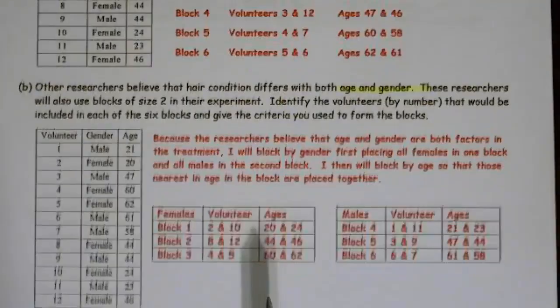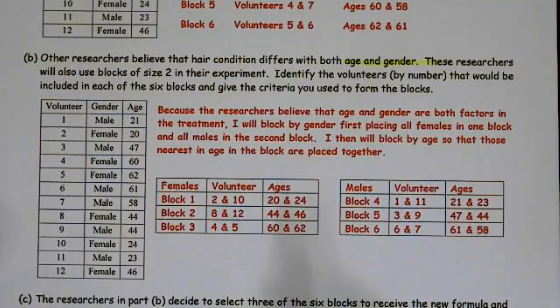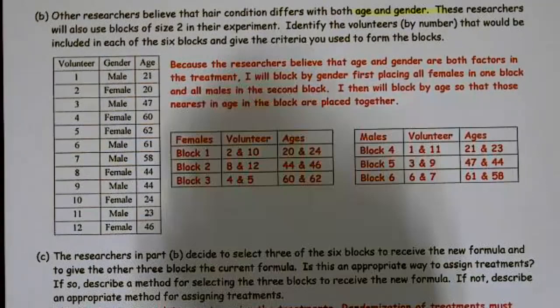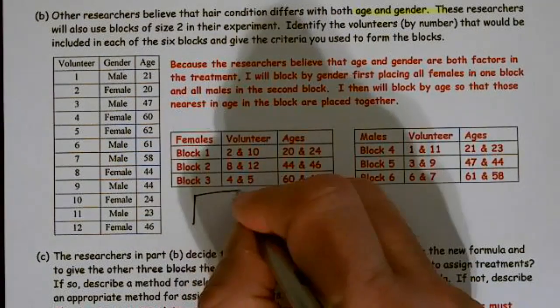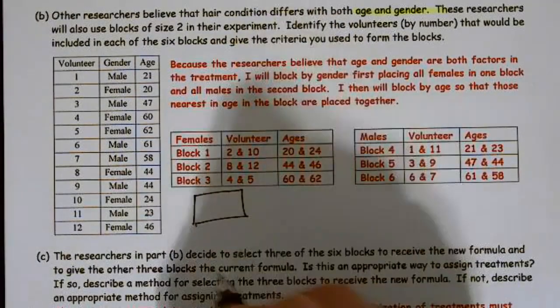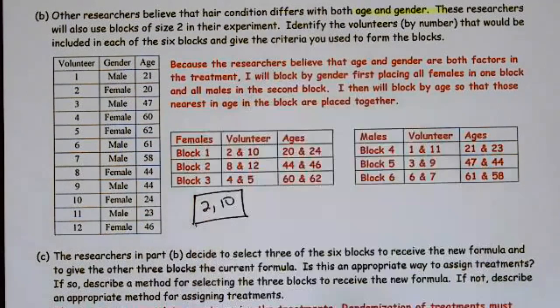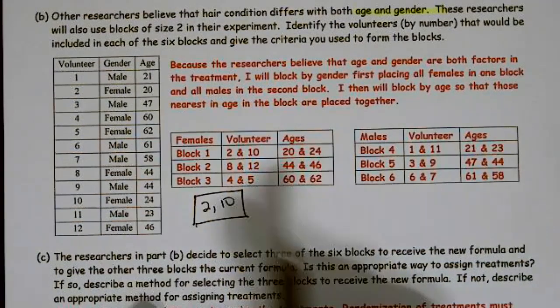Okay, so those are my blocks, and once again, I could have drawn boxes and said, okay, this is block 1, and this is volunteers 2 and 10, or ages 20 and 24, and that would have been fine. That would have looked something like this: here's block 1, and I have volunteers 2 and 10. Or I could have just put their ages instead of the 2 and 10, and that would work. Label your blocks, though.